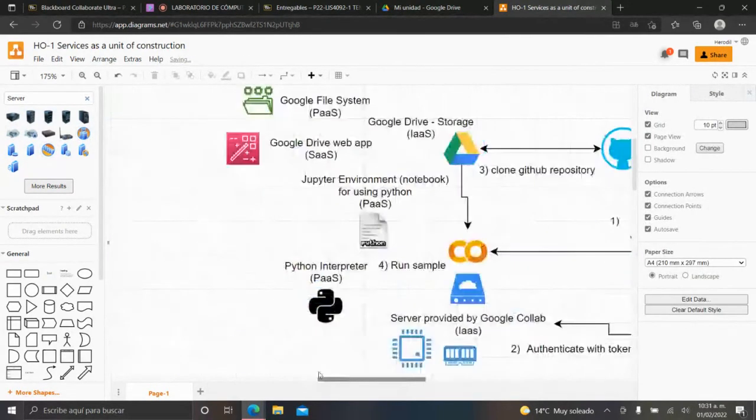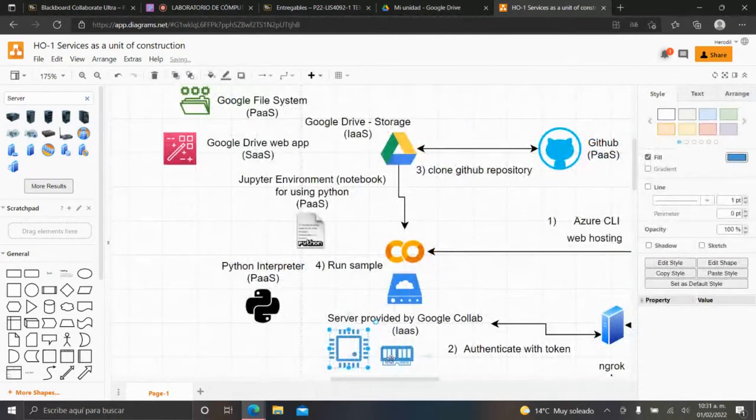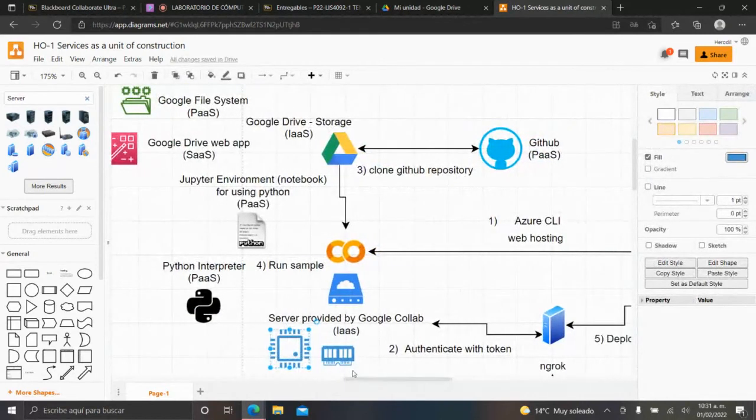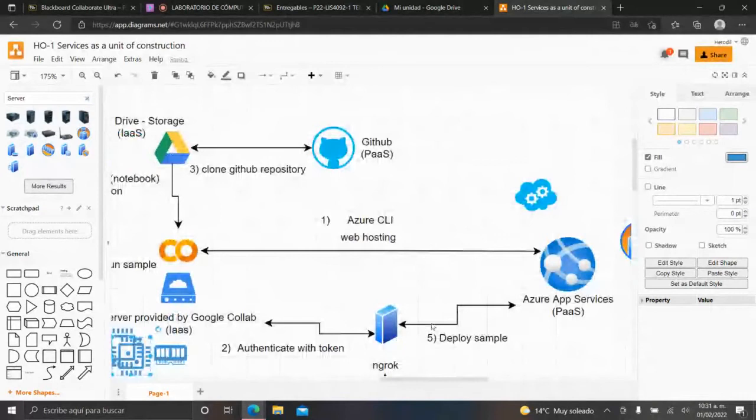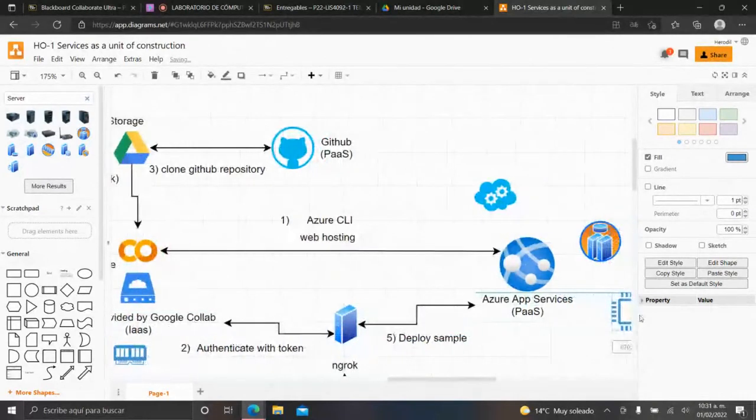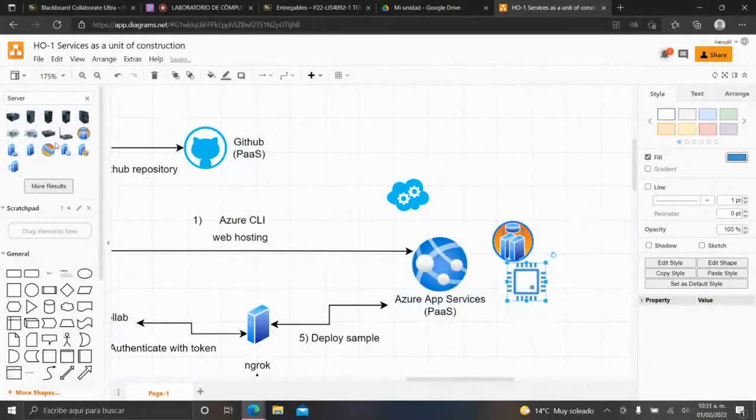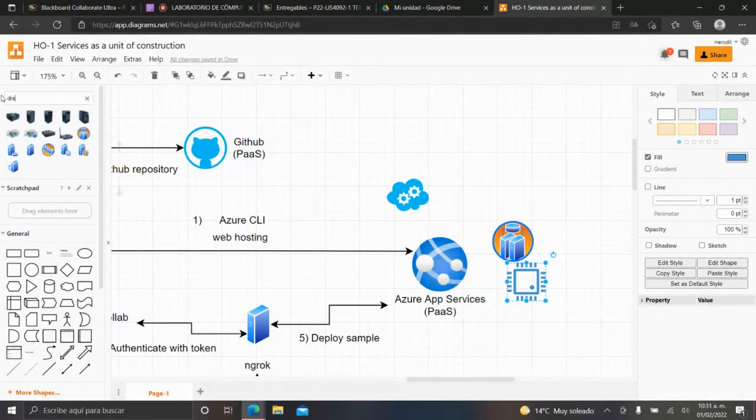And if you remember when we went into the portal and we could have a look at the application that was running, that is the web app that gives us access to the services that we are using in Azure.